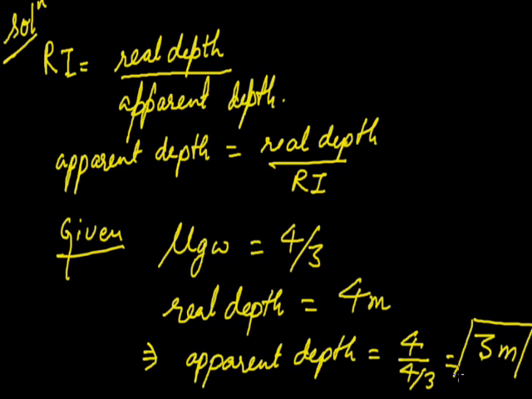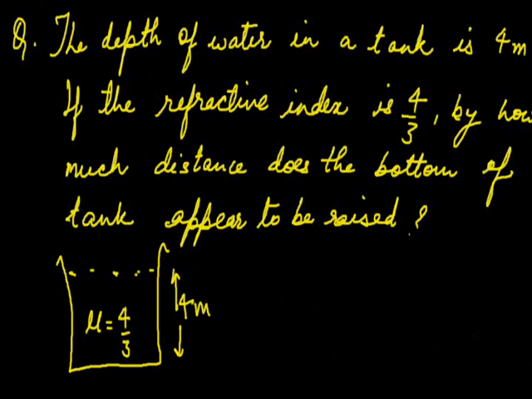So this numerical is also discussed and it gives us the apparent depth of the bottom of the tank. But as the question asks how much distance the tank bottom is seen to be raised, we do not have to tell what the apparent depth is.